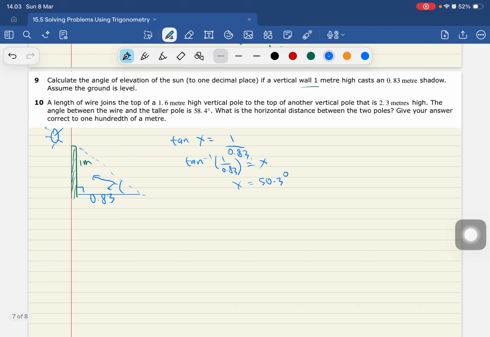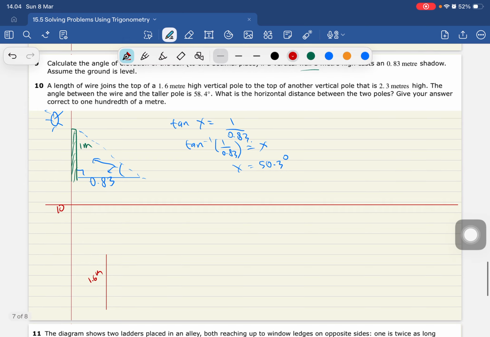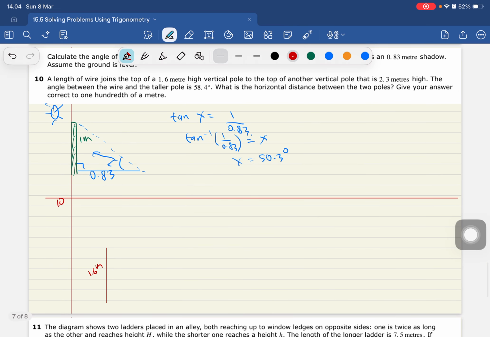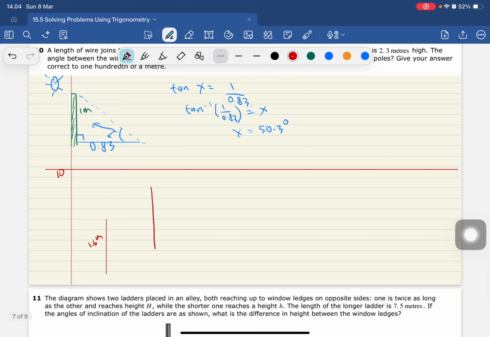Next, a length of wire joins the top of a pole of 1.6 meters. Here is number 10. Here is 1.6, and then the height of another vertical pole is 2.3 meters.